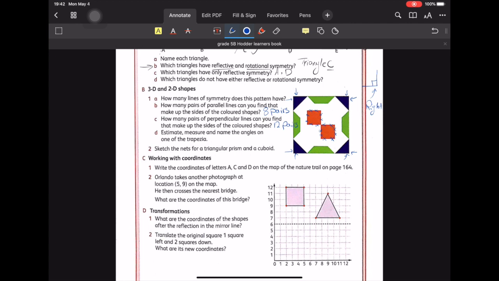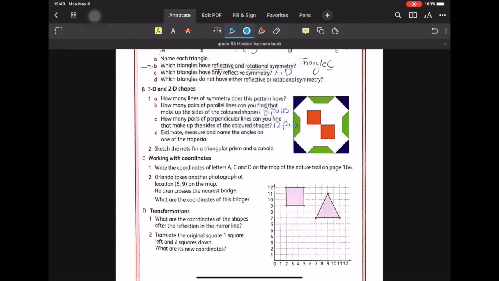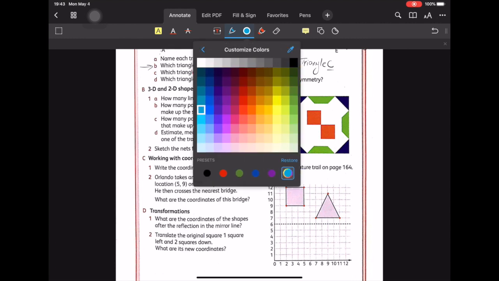Estimate, measure, and name the angles of one of the trapezia. Fine. I need to clear out these. Apparently, I'm not going to be able to show how to use the protractor on either of the trapezia because I cannot do it right now. But in order to illustrate it, I'll try my best. Let's choose a vibrant color.